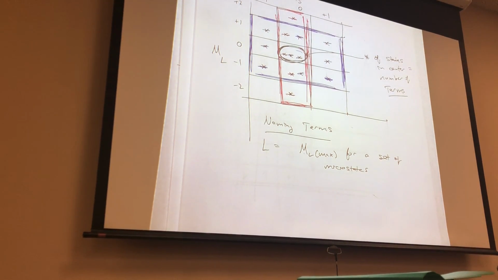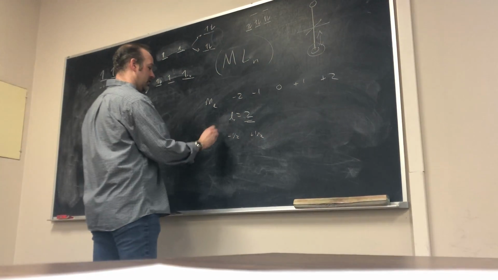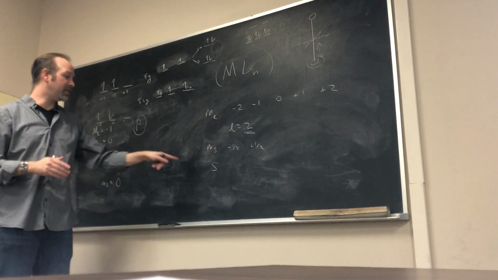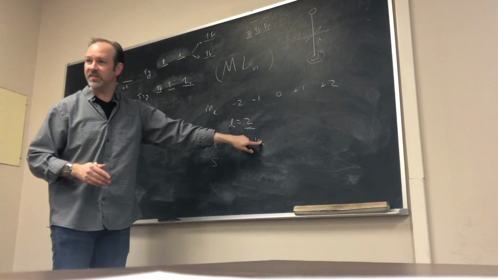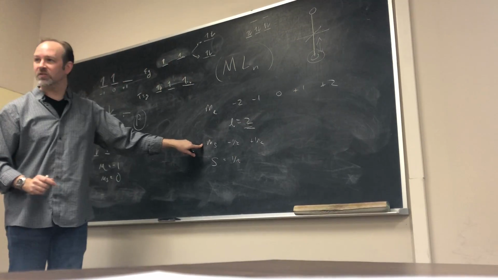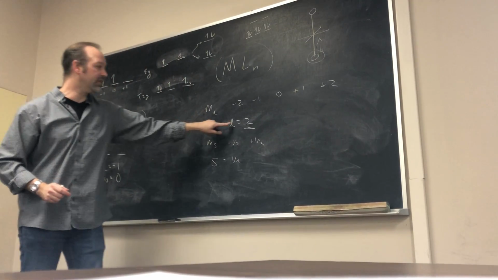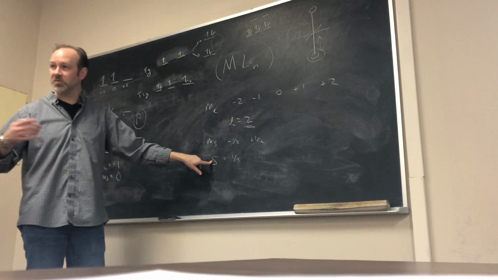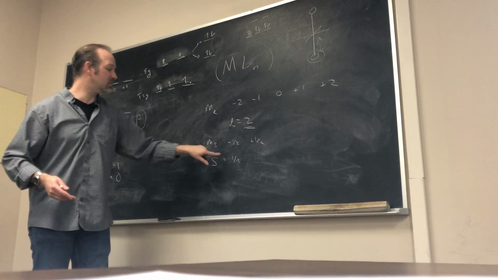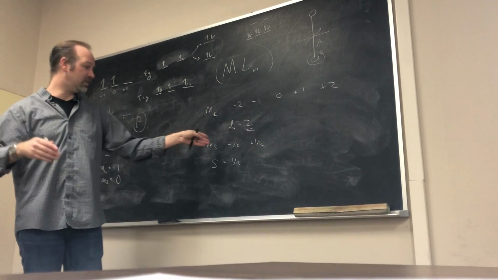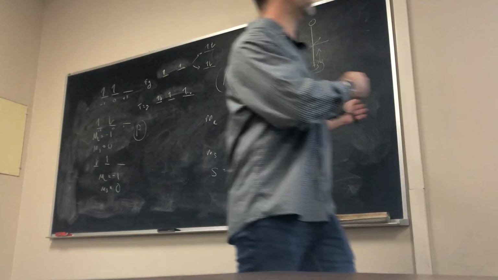What we never bothered to define, because there's only one value of it, would be an S. S would be the value which this spans. It's the maximum value of M sub S. It's the same pattern here. L is the maximum value of the M sub L series. S is the total spin. The total spin is what gives you this range of possibilities for the little spin states there.